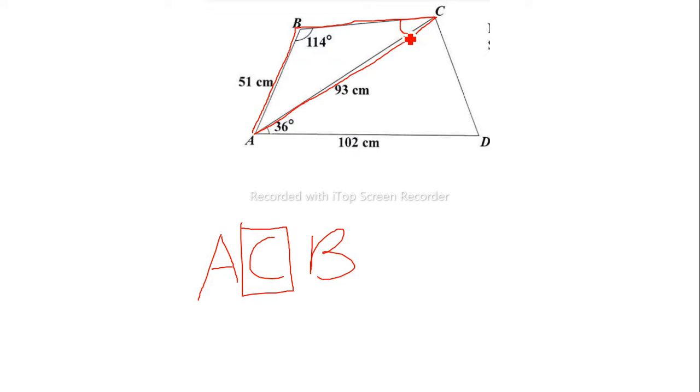We need to figure out what this angle is. That's our objective: to find the measure of this angle. In order to find it, we have some information already.